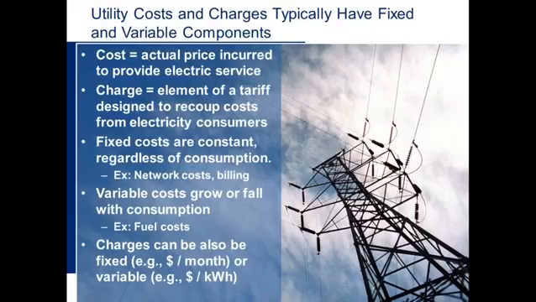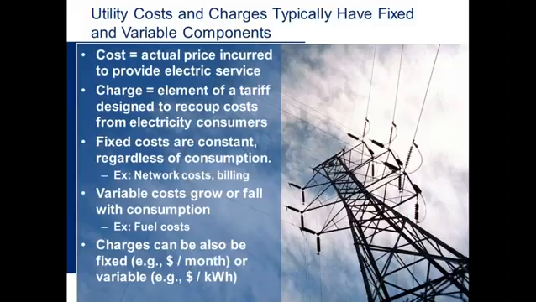But for now, we want to categorize these costs into two simple bins. In reality, it's slightly more complicated than this, but in general, let's say that utility costs are either fixed or variable. If a cost is fixed, it isn't going to change if a customer decides to use more or less electricity. If a cost is variable, it might be reduced if a customer decides to use less electricity or vice versa.